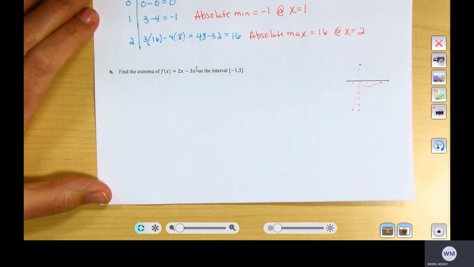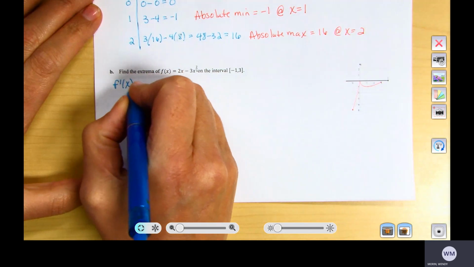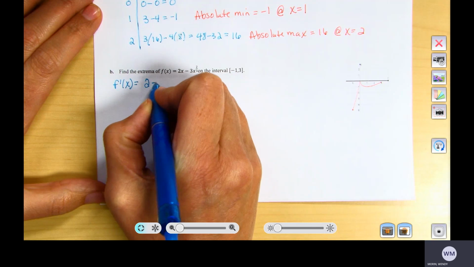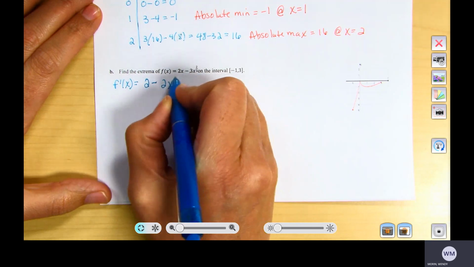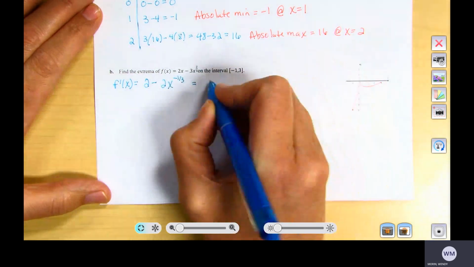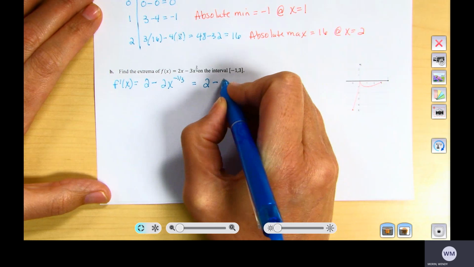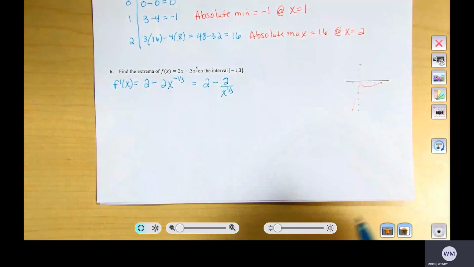Okay? So the first thing we need to do is find the first derivative so we can find the critical values. So that would be 2 minus, multiply, you get 2x, subtract 1, you get -1/3. Now this one you have to be careful on because that's 2 minus 2 over x to the 1/3.